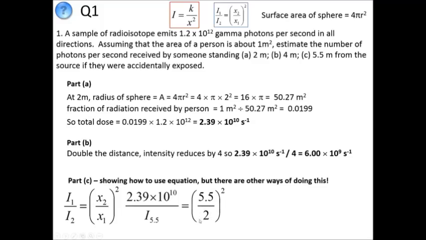Then we've got the intensity at 5.5 meters, which we don't know, so I've left that as I 5.5, but here is the distance of 5.5. So we've got 4 bits of the equation, 3 of them known, 1 unknown. Just do some maths, rearranging it, and you get an intensity at 5.5 meters of about 3.16 times 10 to the 9 per second.